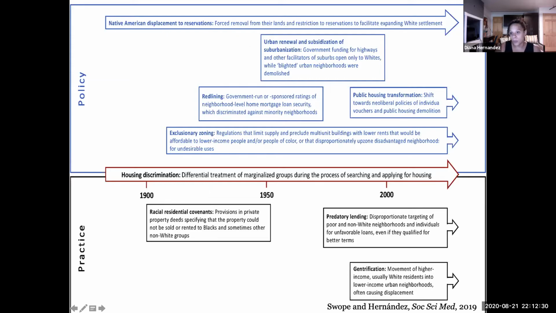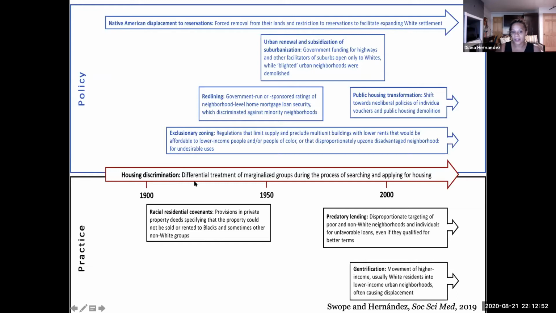Their forced removal and their isolation in the reservation context. Then there are urban renewal and the subsidization of suburbanization, right? So essentially allowing for white flight to happen. There's redlining and public housing transformations, and then exclusionary zoning.